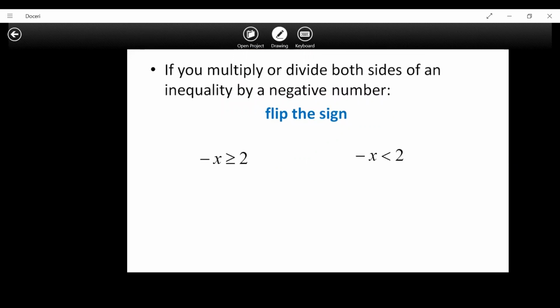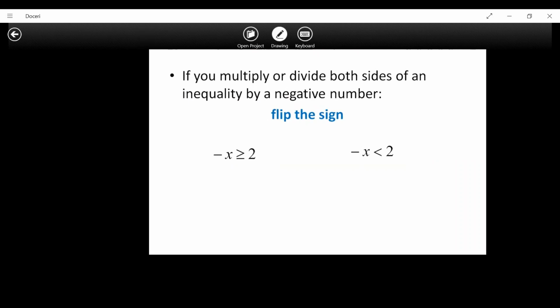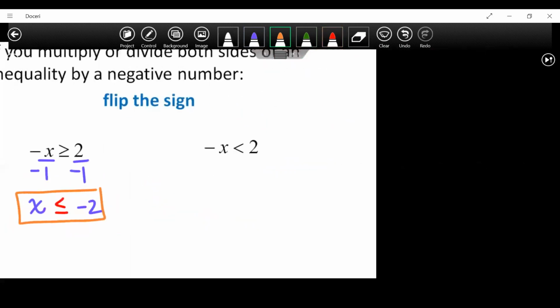The good thing about looking at these is we always want to have the variable on the left-hand side unless it's compounded, meaning we have two of them. If we divide both sides by -1, we can simplify these simply. The only difference comes from the inequality that changes. So greater than or equal to becomes less than or equal to.